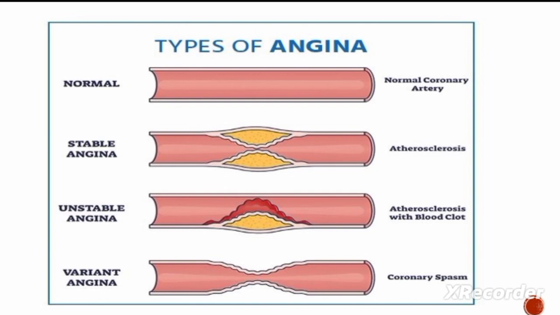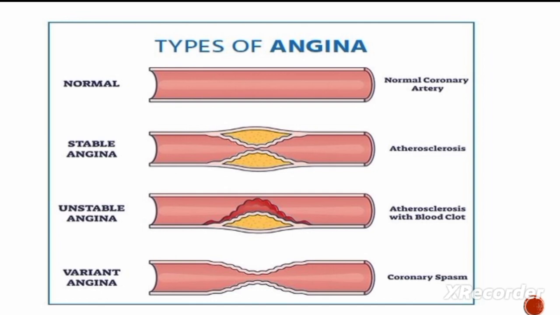Another angina is unstable angina. In unstable angina, the patient will have a new onset of pain and it is not relieved by rest. If it is worsened, it is a cardiac emergency and it may lead to myocardial infarction.